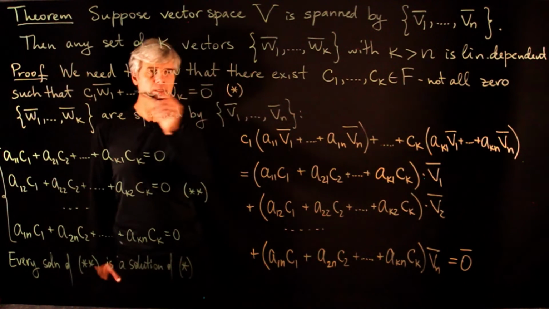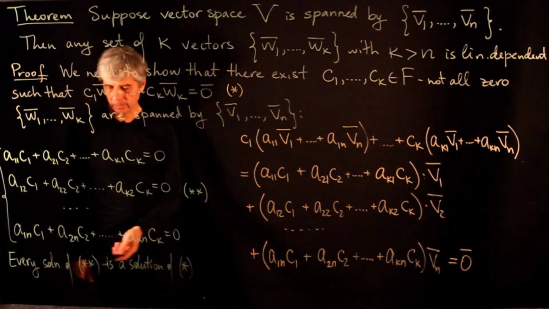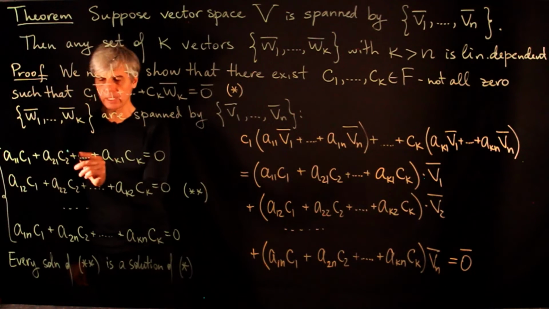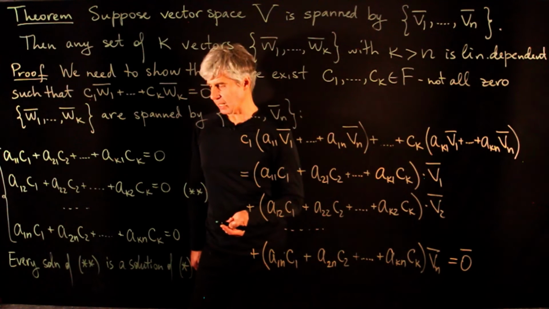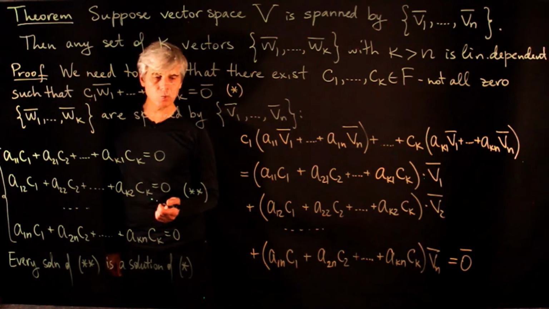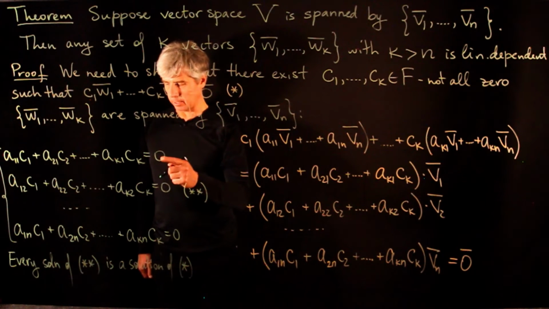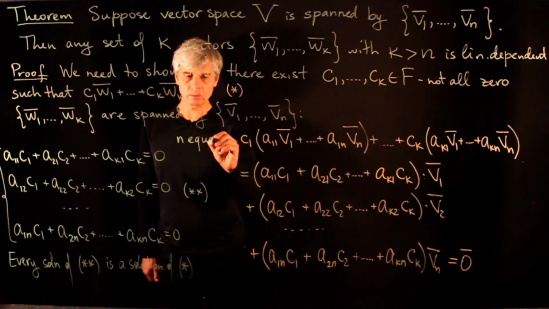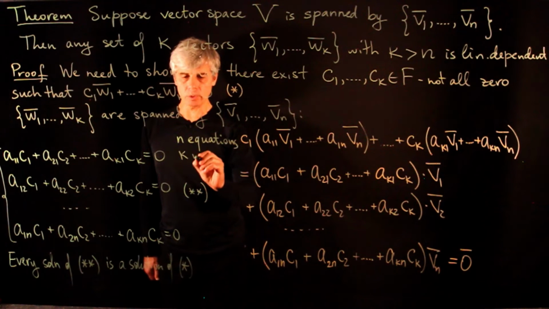When we say solution, the unknowns here are c1, c2, and ck. So let us see how many equations and how many unknowns we have here. Here we have n equations and k unknowns.